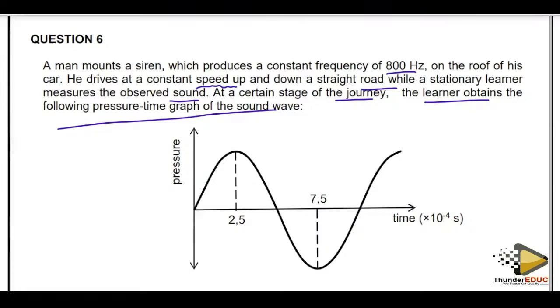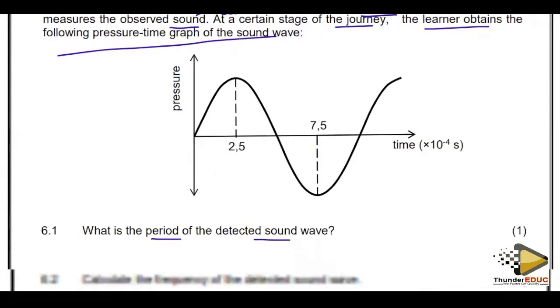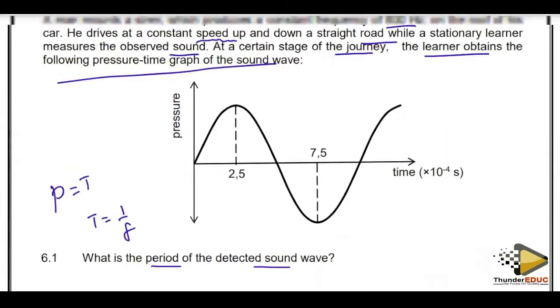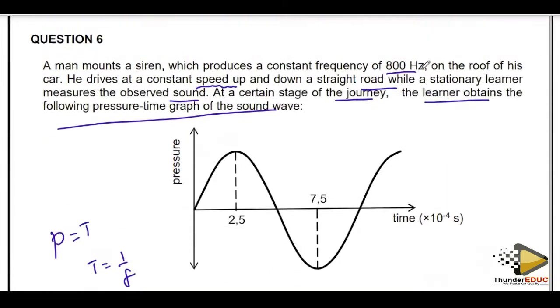Guys, what do we do? The period of the detected sound wave. We know that period is the T, which is 1 over f. So it's 1 divided by the frequency. In this case, they told us this is the frequency that the siren produces on top of the roof, measured by a learner, and this is the graph.